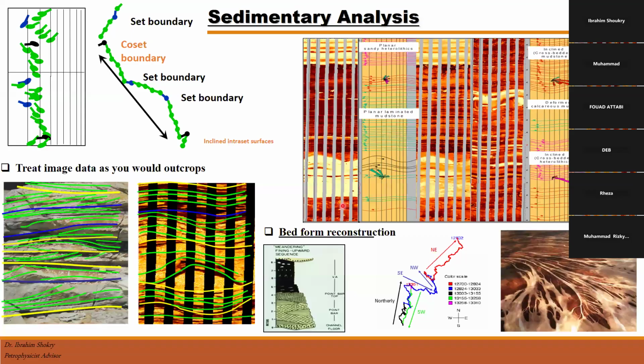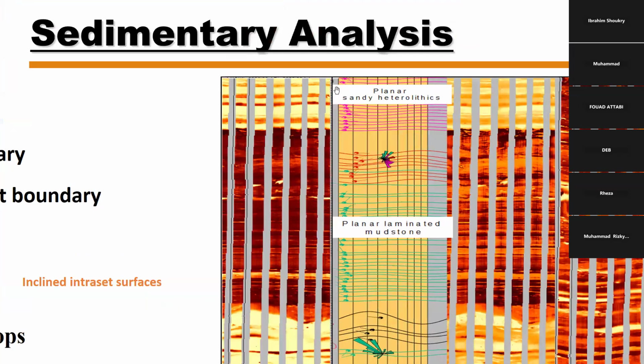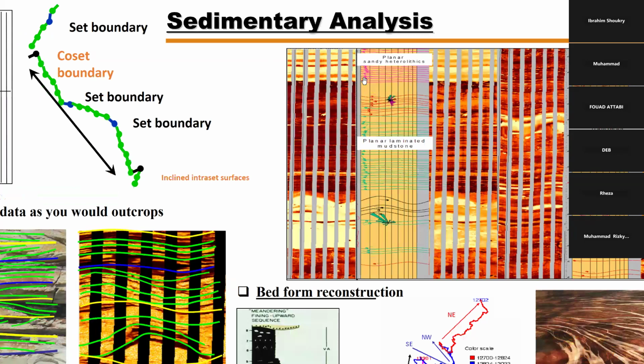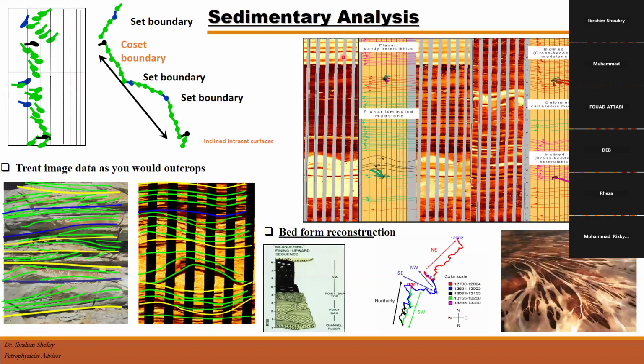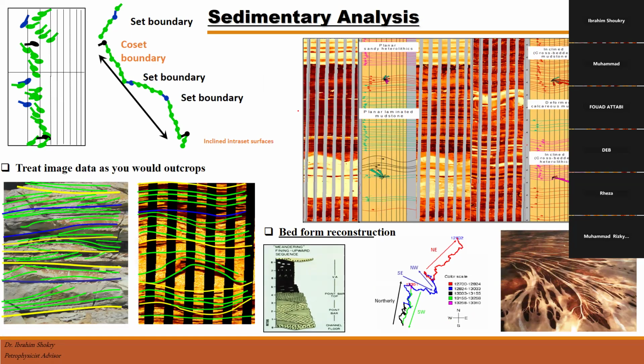Such as here, for example, if this planar heterolithic example relies on some sort of point bar, and if you have some sort of channel that looks like this, your point bar is dipping across this channel, or in a perpendicular way to this channel.